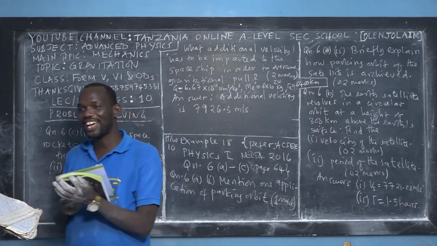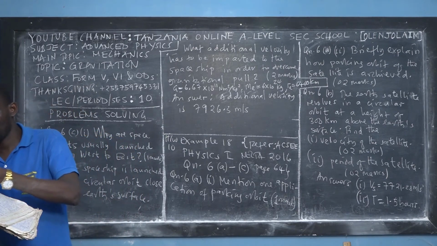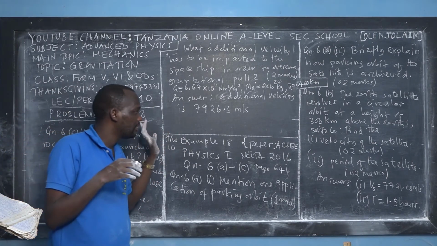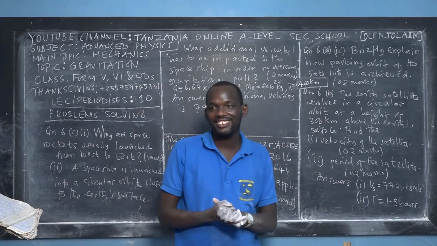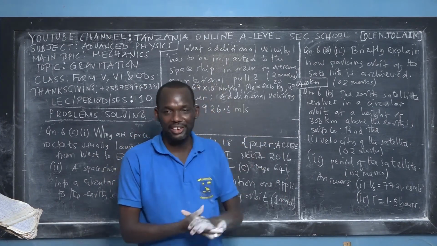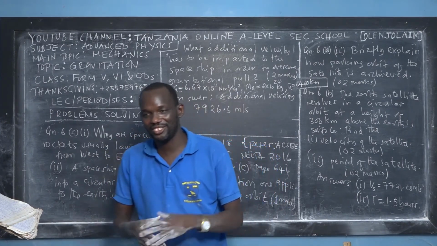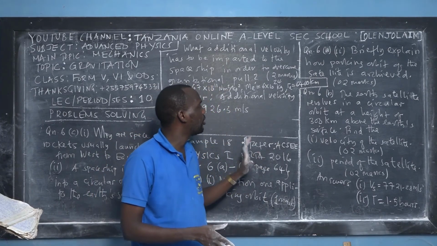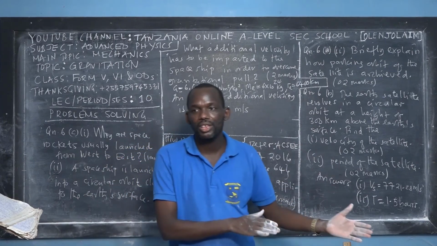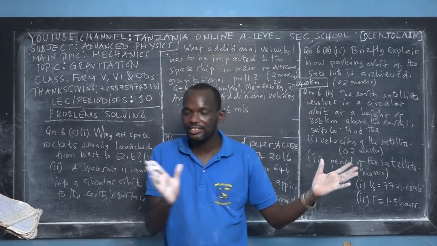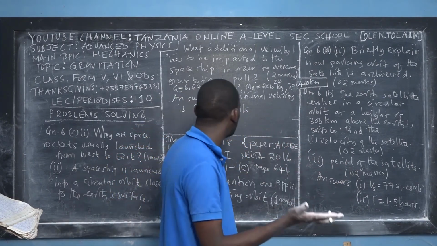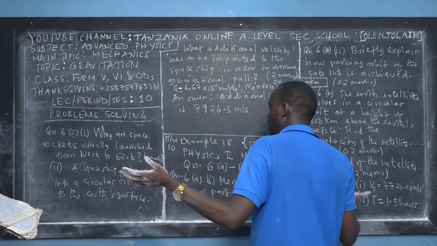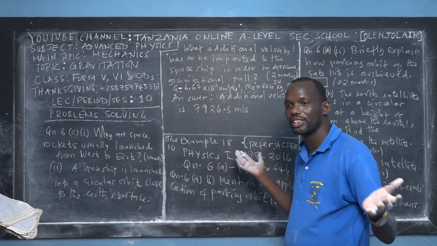So in this case now, you see how the questions of 10 marks are formulated, right? And then you see the beauty of physics now. It's not difficult because these questions are just testing you from the concepts of what satellites are. It's all about the satellites, spaceships, and so on.